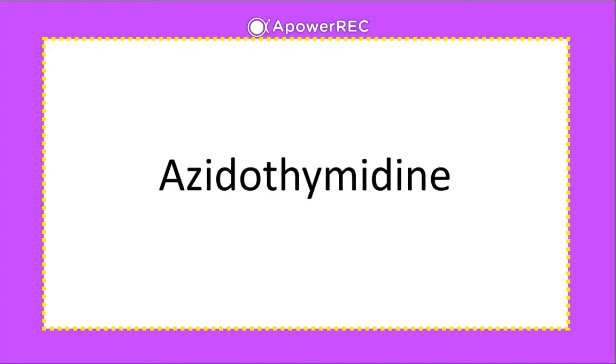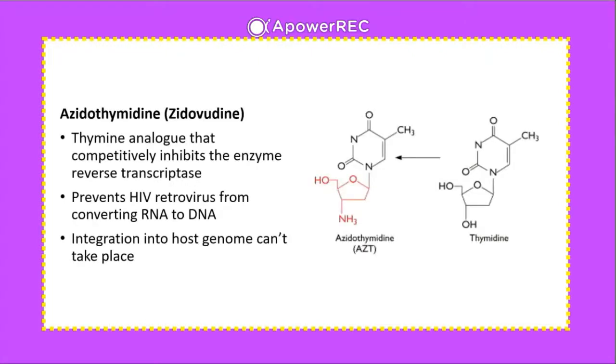Okay, azidothymidine. Azidothymidine, also known as zidovudine, is a compound that mimics thymidine, as the name sort of insinuates, only it has this azide group here that distinguishes it.